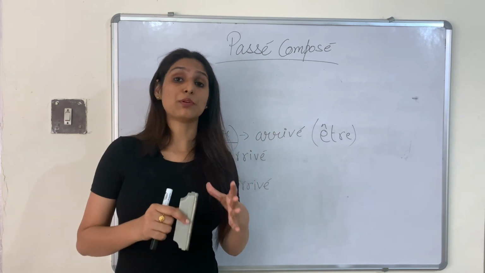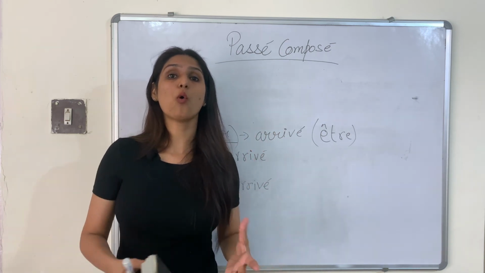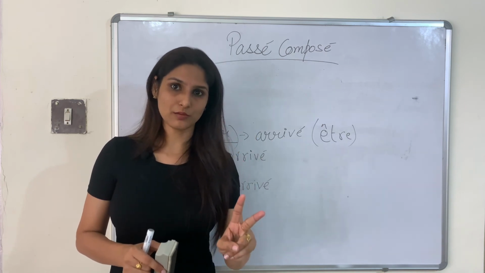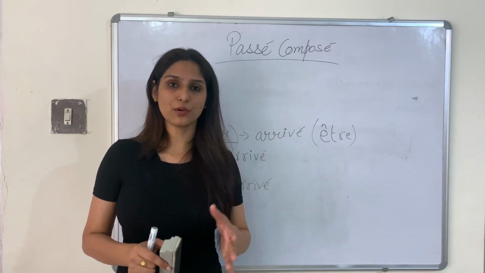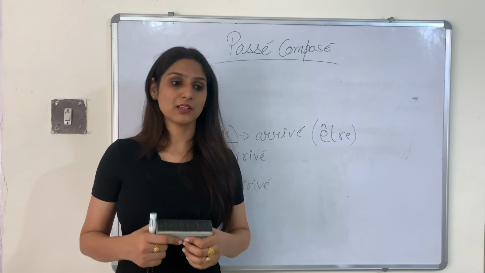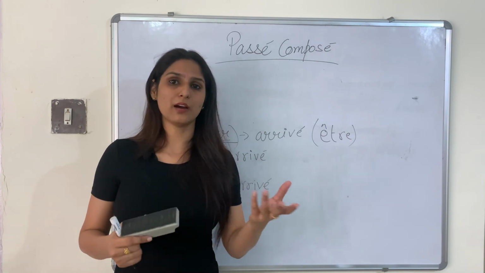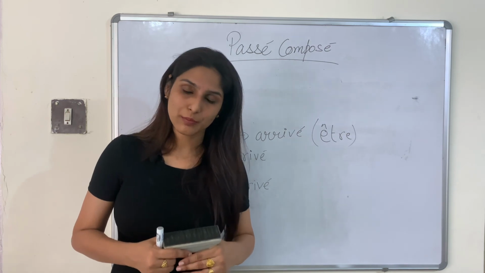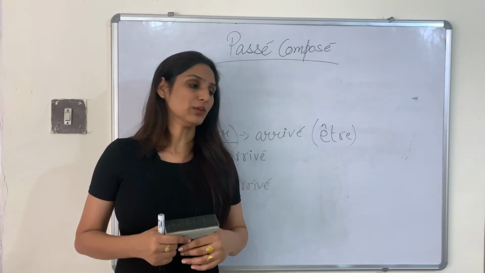So out of the whole 1900 plus verbs, there are only 24. What I have read till now, there are only 24. So I will be putting them all at the end of this video.